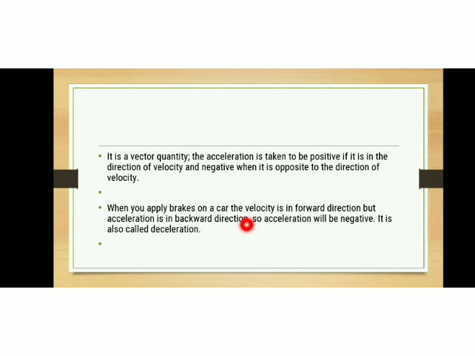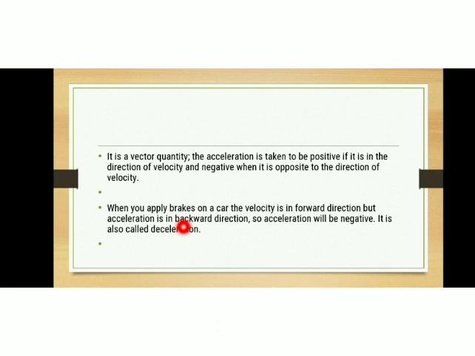Whenever you apply brakes, the velocity of the car decreases and finally the car will stop. So here velocity is decreasing, so acceleration will be negative, and that acceleration is also known as deceleration or retardation.